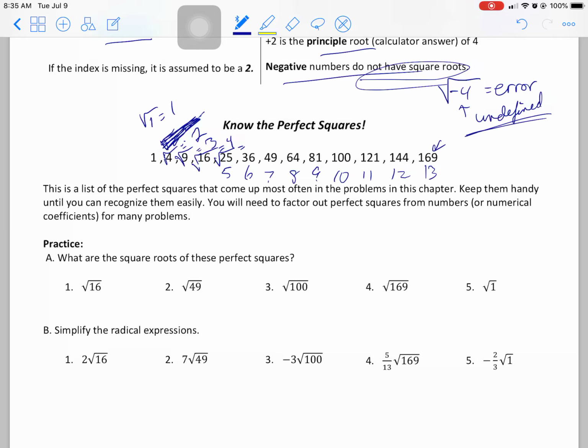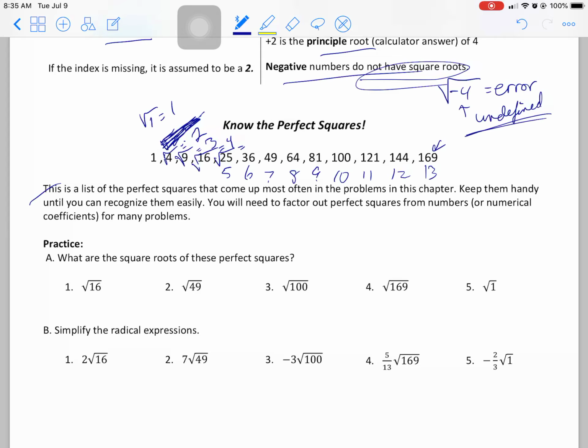Okay? These are the list of perfect squares that come up the most often in the problems in the chapter. Keep them handy until you can recognize them easily. We're going to be square rooting things all the way to the last chapter of this unit. So it's very important that you get to learn these numbers, because when you're factoring things out, you want to be factoring out the perfect square first.